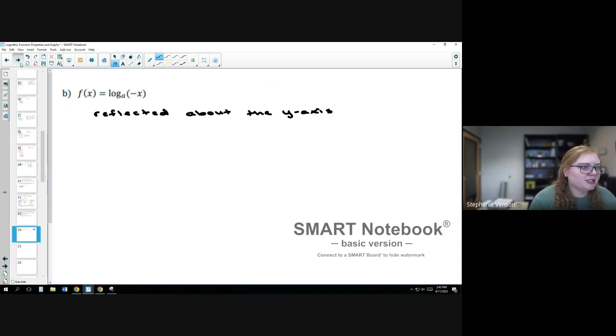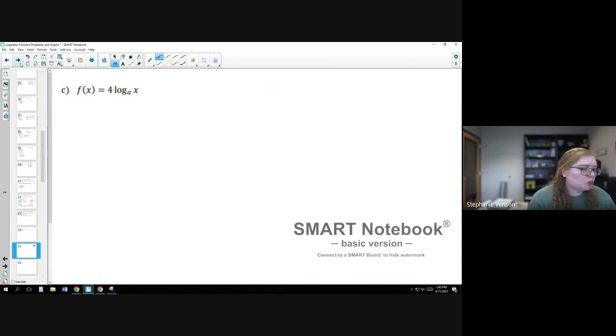Okay, let's take a look at C. All right, C's got a 4 multiplied onto the front. We've talked a lot about this. A 4 multiplied onto the front, really any number multiplied onto the front like that, is a vertical stretch or compression. If the number is bigger than 1, then we consider that a vertical stretch. If the number is a proper fraction, like something between 0 and 1, then we consider that a vertical compression.